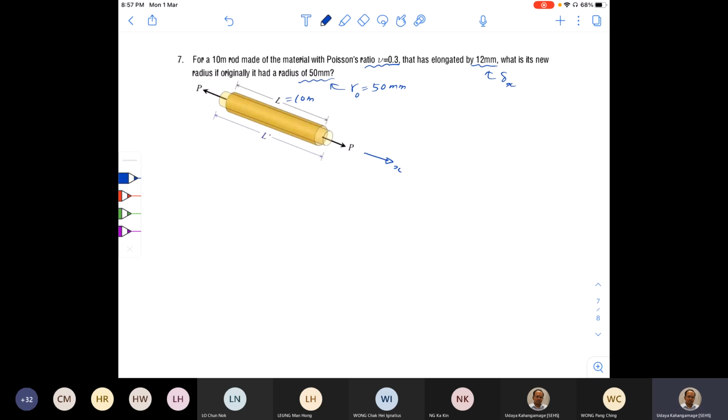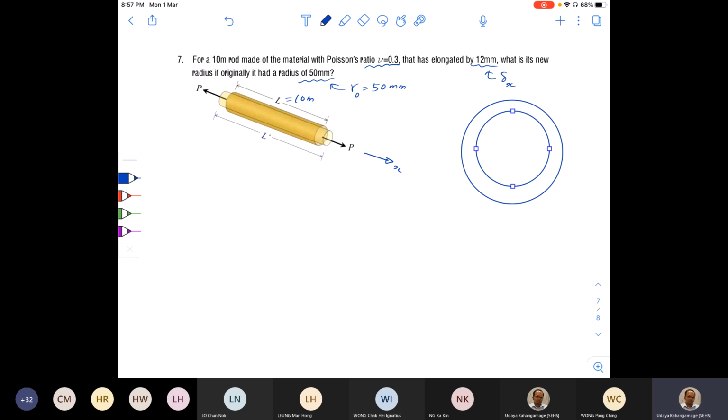Let me draw an exaggerated diagram. This is the original cross-section. And after elongation, it is going to be smaller, right?